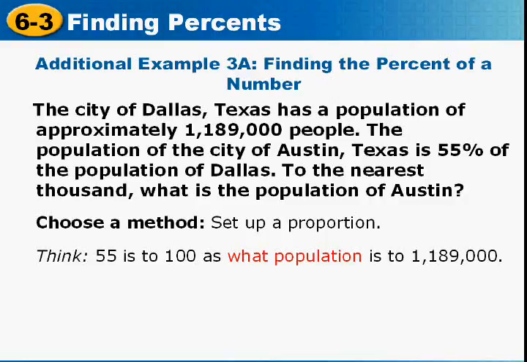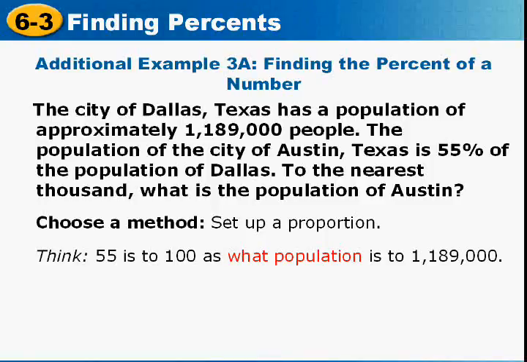Think, 55 is to 100, because 55 is a percent, and we put percents over 100. 55 is to 100 as what population is to 1,189,000? Because remember, Austin is 55% of the population of Dallas, and the population of Dallas was 1,189,000.